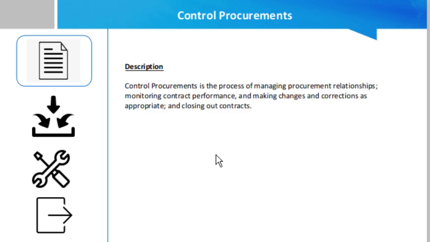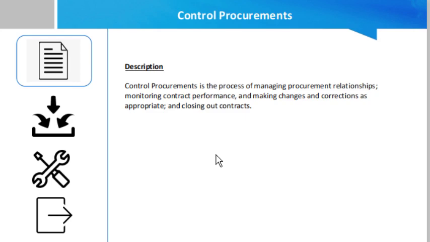So friends, control procurement. First of all, we have to understand what procurement basically is. Procurement means that whenever we, as a company, have to purchase some goods for a project, we have to purchase the goods and services from a seller. So whenever we are talking about procurement, we are talking about two parties, seller and buyer.